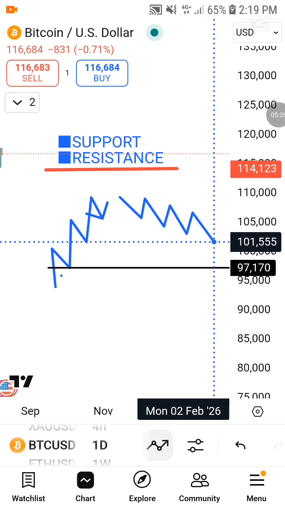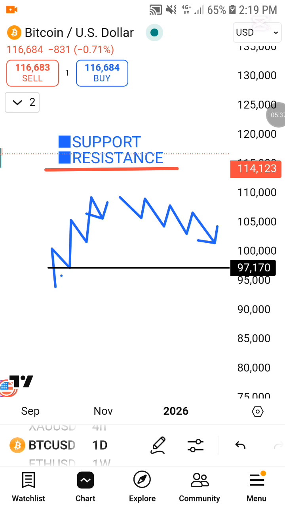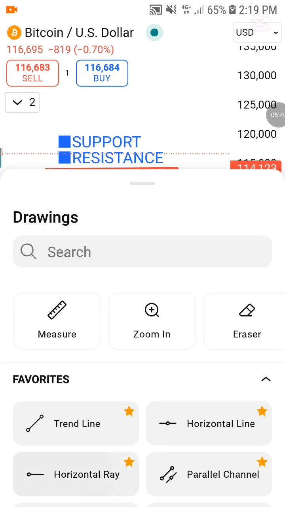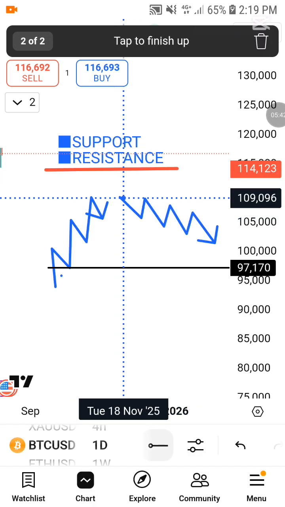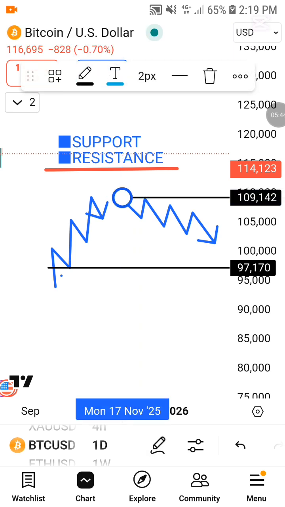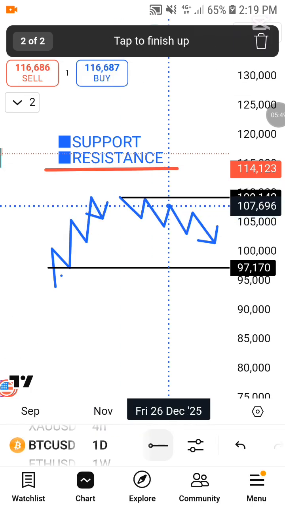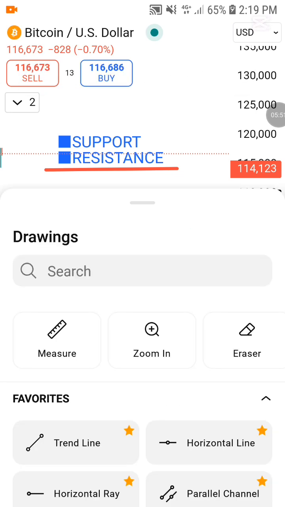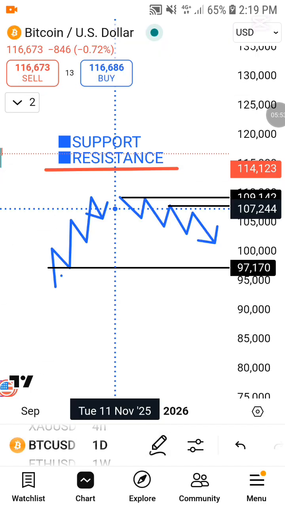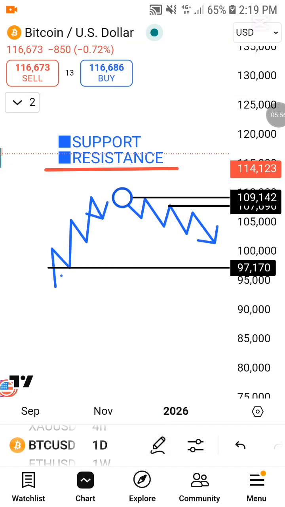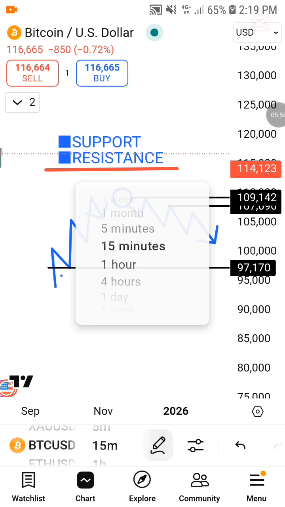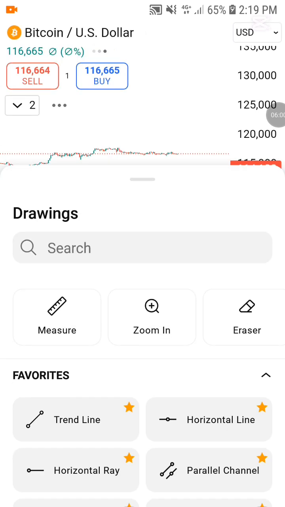It is called resistance. When you see a bearish market, you should go with resistance. All these areas are resistance. These are your potential entry points. Do you get that? These are your potential entry points. So at this point, let me show you.